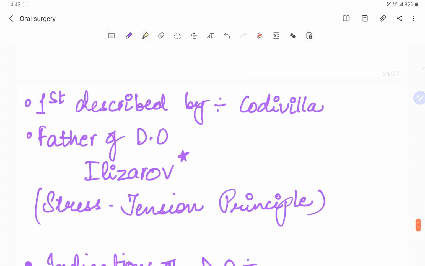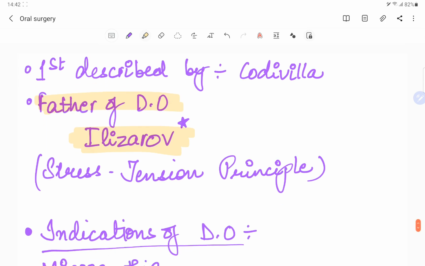So distraction osteogenesis was first described by Codivilla, but the father of distraction osteogenesis is Ilizarov. So there is the Ilizarov principle, which is basically based on the stress tension principle. So what is the stress tension principle? It says that, suppose these are the two bony masses or two bony fragments. After osteotomy we get two bony fragments, right?